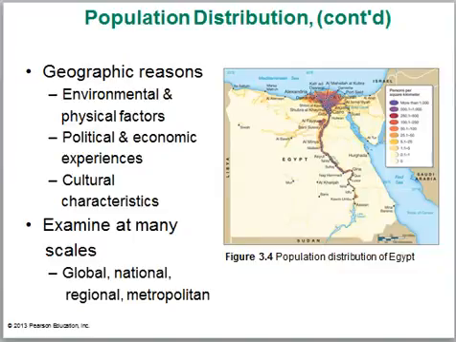Political and economic experiences in the past as a country developed can also influence population distribution. Cultural characteristics such as sacred sites and regions can also influence where people want to live or where they can live. We can examine distributions on many different scales that range from global to local.